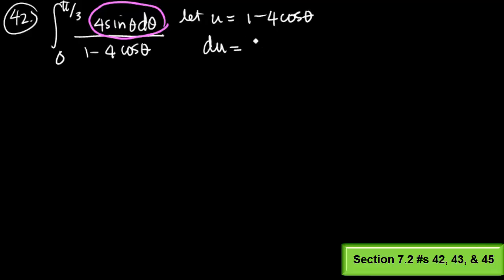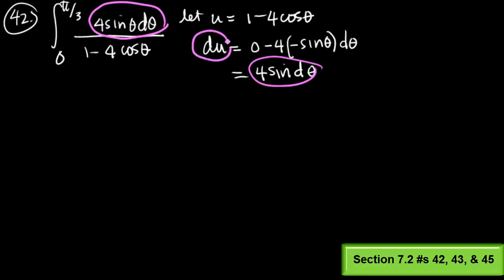So what is du? du would be 0 minus 4 times the derivative of cosine, which is a minus sine theta d theta. Cleaning up everything here, we have 4 sine theta d theta. And you see we have a match. There's your match right there.